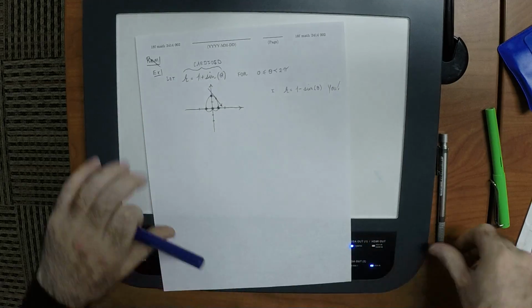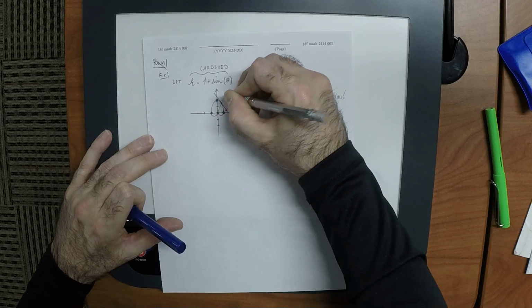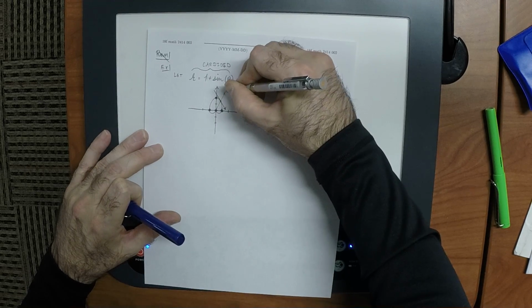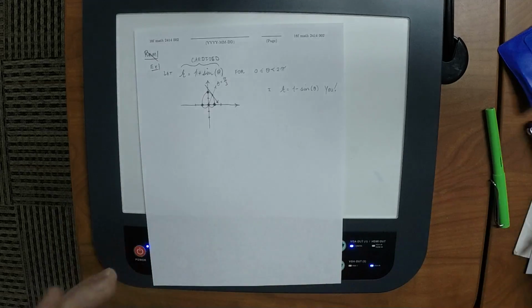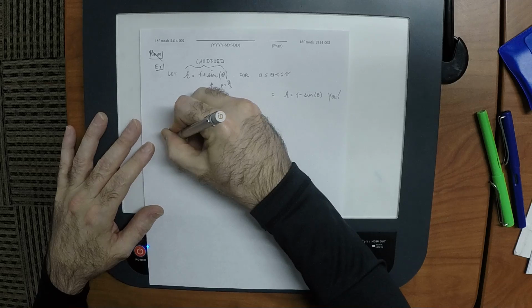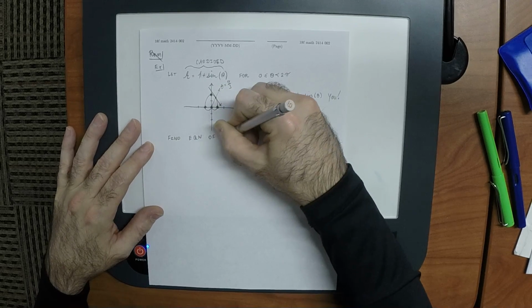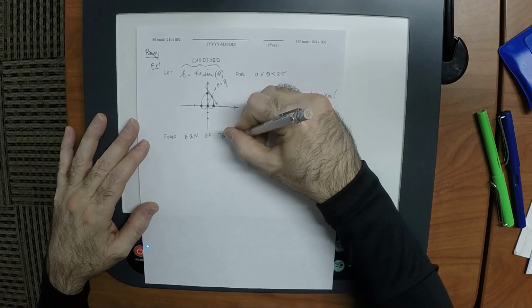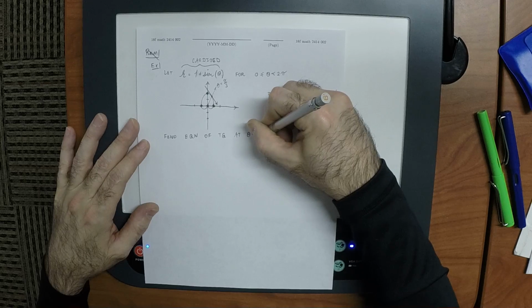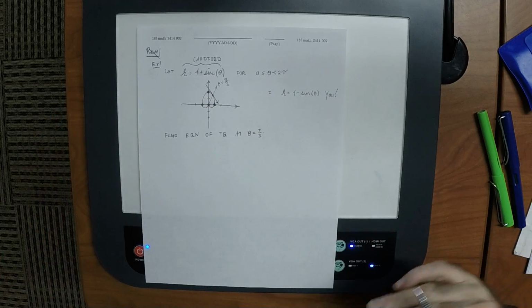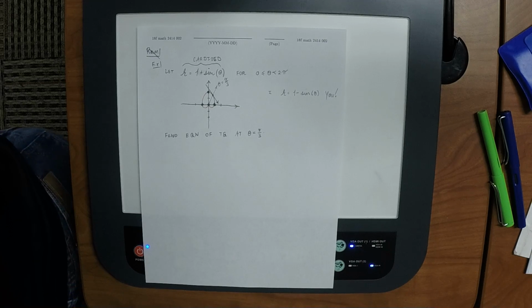So that's going to be at angle pi over 3. I could ask, find the equation of the tangent line. So notably, I want the rectangular one.